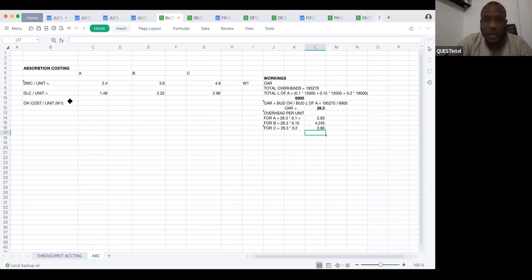Okay, so those are our figures, and we can now copy those figures into our working. So for this, for that, and finally that. So here we've gotten our figures, and from here we can get our total cost per unit, which is direct material plus direct labor plus overhead.